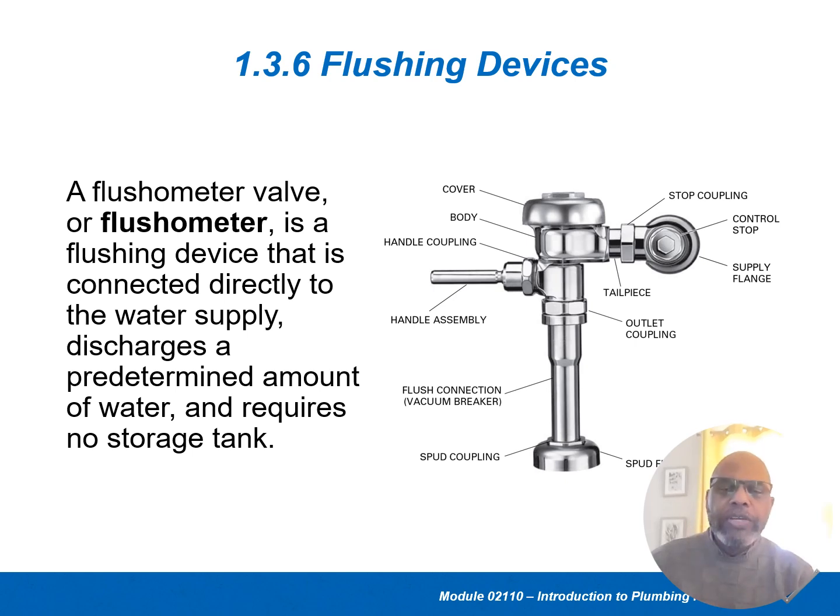This is a flush valve for urinals or toilets. They both work basically the same way. This is a Flushometer valve. That's a brand name. And it is a flushing device that is connected directly to the water supply. And the water supply would be at this point right here, coming in, going through the valve.